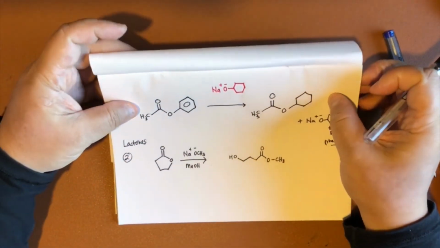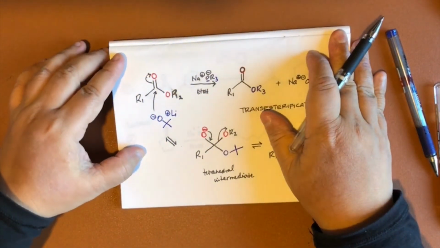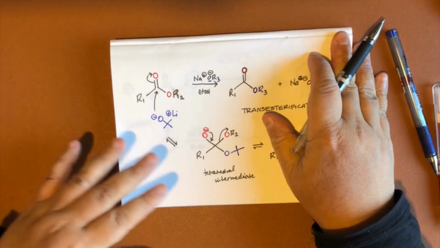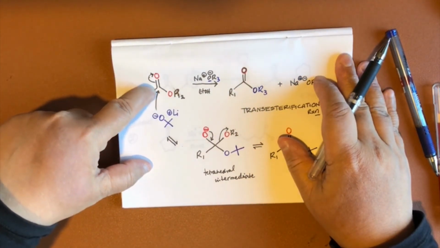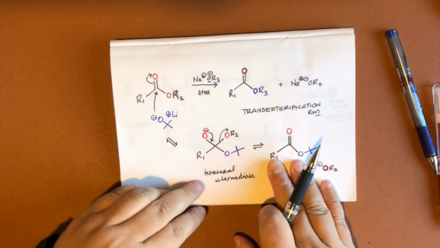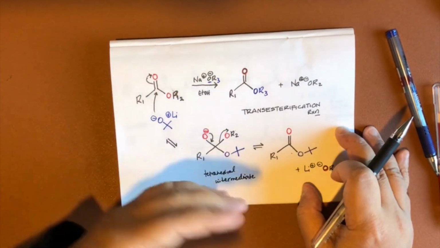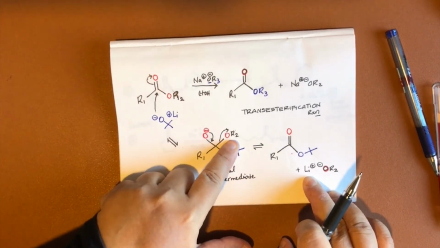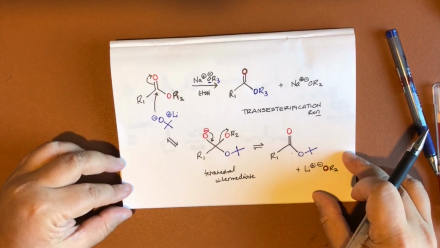And please do go through the mechanism. It's quite simple. When you have an alkoxide, there's no acid catalyst at all. So alkoxides simply attack the electrophilic carbon of the carbonyl, and then it will form the tetrahedral intermediate, and then you get the ester with the original ester forming the alkoxide as the byproduct.